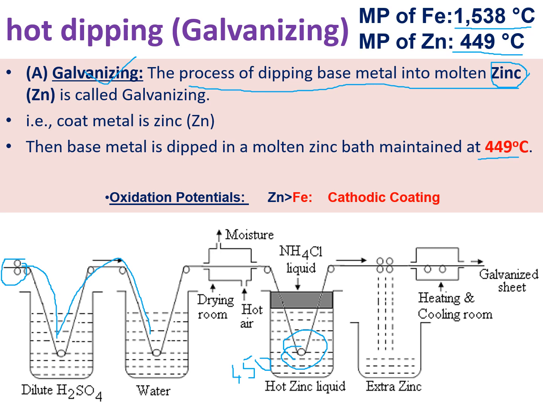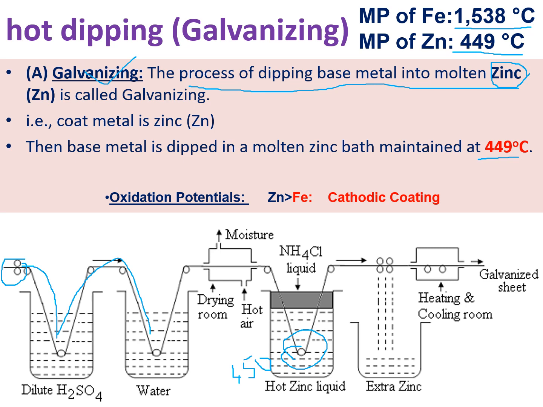If extra zinc is formed over the iron, it is extracted. It is then dried by passing into a heating room, and subsequently into a cooling room. Finally we get a galvanized sheet. That means iron is covered by zinc. If you coat with zinc, it is called galvanized. Okay, this is the process, a very simple process.